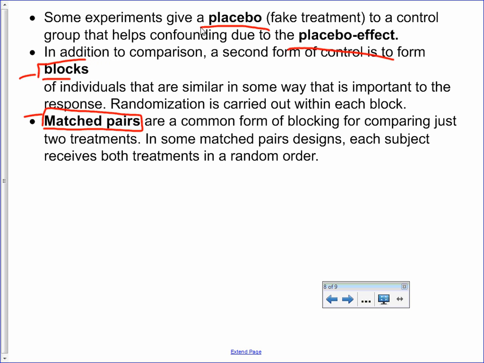But in matched pairs, we would only end up with one average, which is the difference. And so a lot of times, especially on an AP exam question, if you're confused about whether it's a block or matched pairs, look at the results. The results will often tell you which one of those two experiments it was.